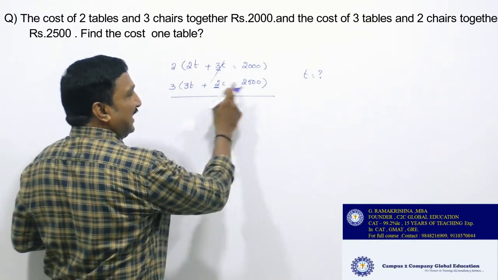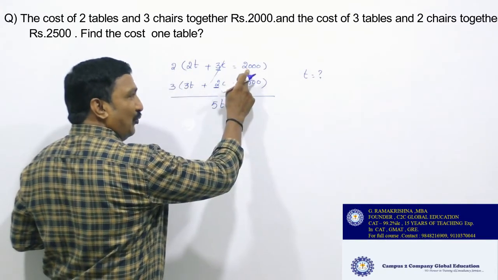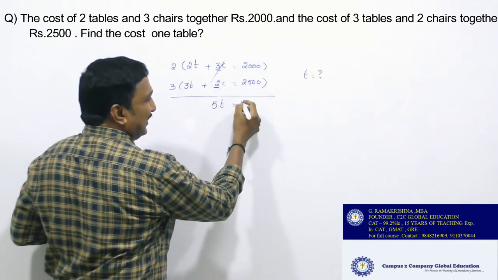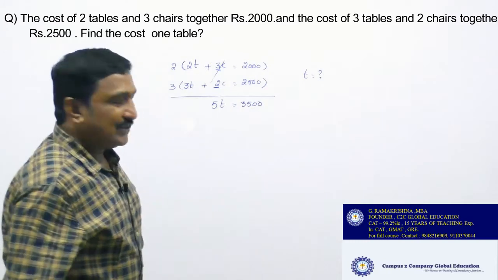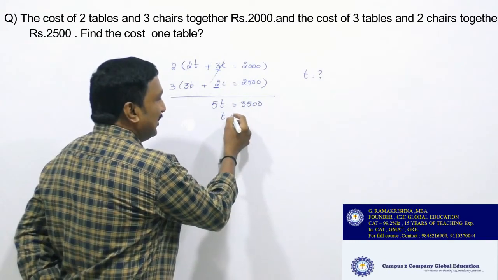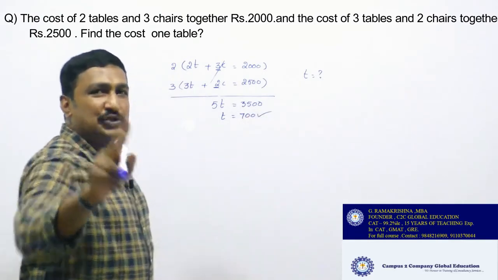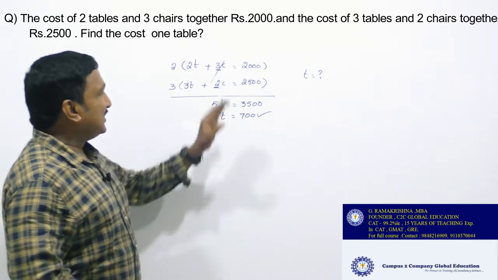And here 3 25s are 75, 2 20s are 40. So 75 minus 40 is equal to 35, so 3500. Okay now friends, directly the cost of a table is 700. So within 2 steps we can solve for the table value. Okay, so this is the method.